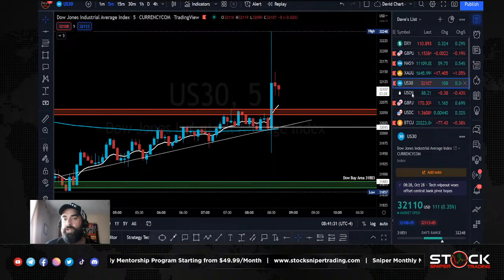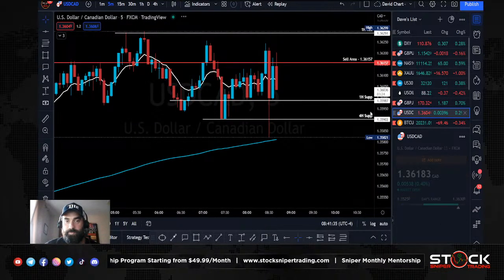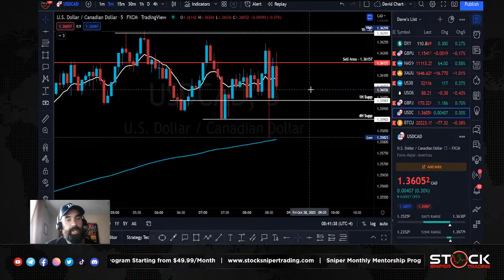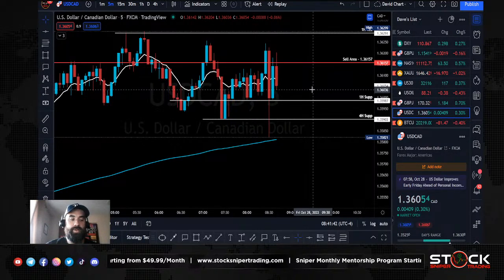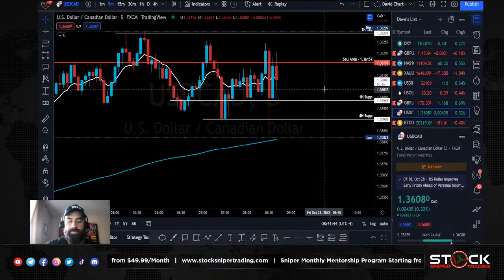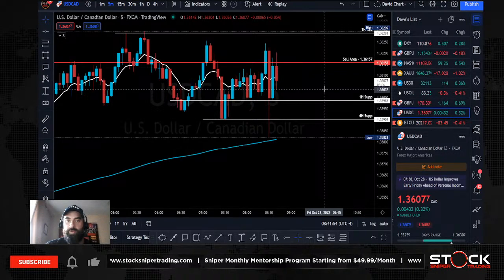Okay, it's still holding here. See that CAD drop. Slowly again, multiple attempts, but nothing is closing below at this time. Too erratic for me.